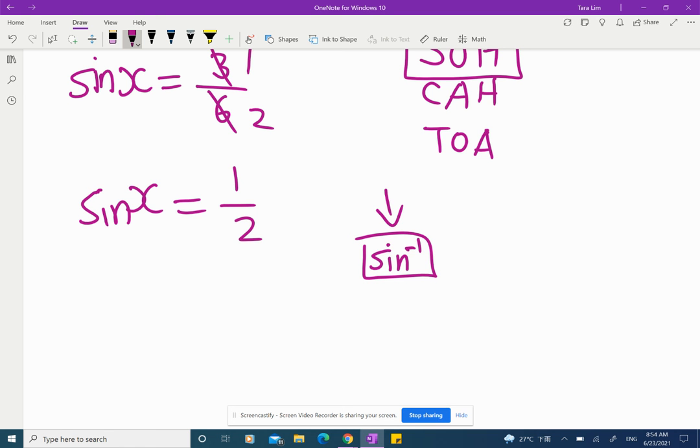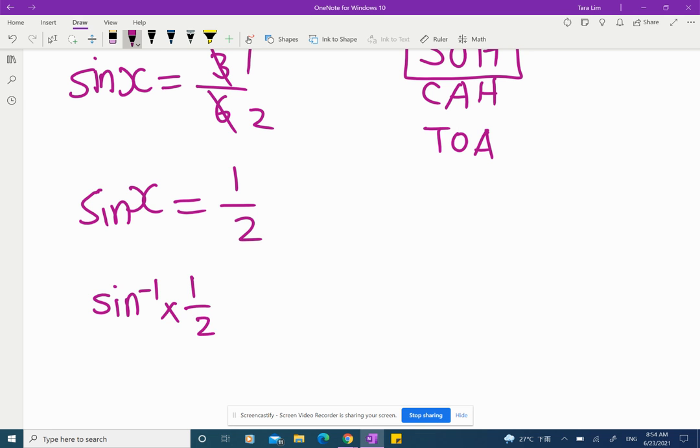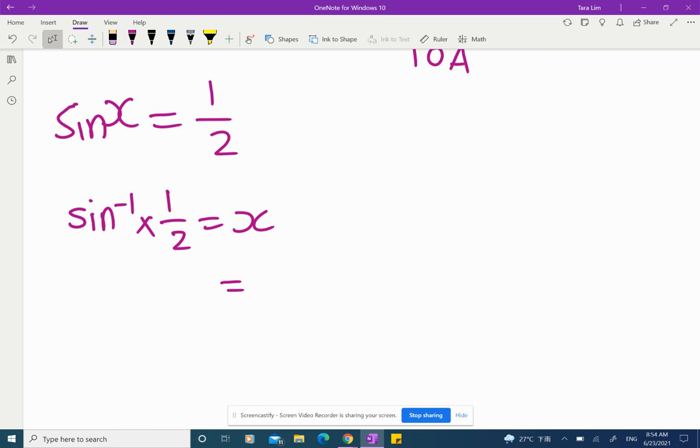If you see this button, click on it. So press sine -1 and then 1 over 2, which is 0.5, will give us x. Let's try that. Sine -1 of 0.5 gives us 30. So x is equal to 30.